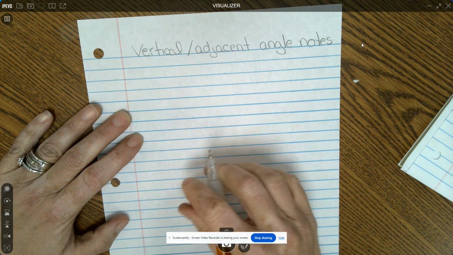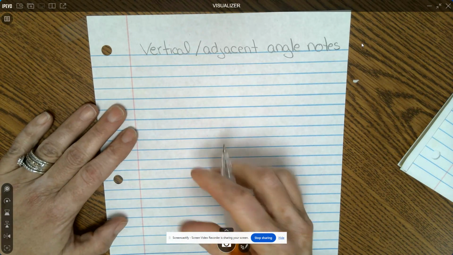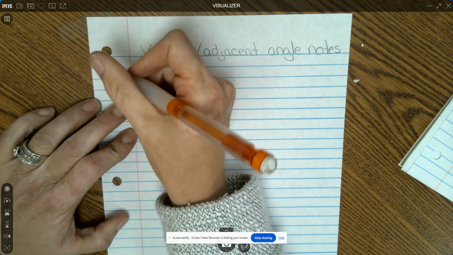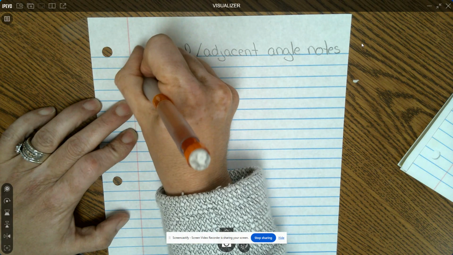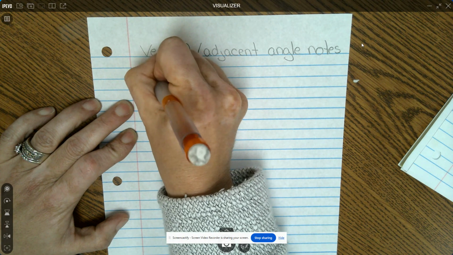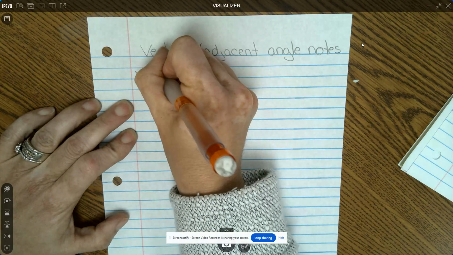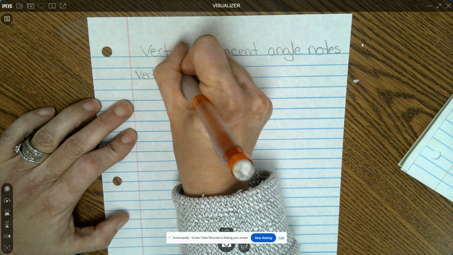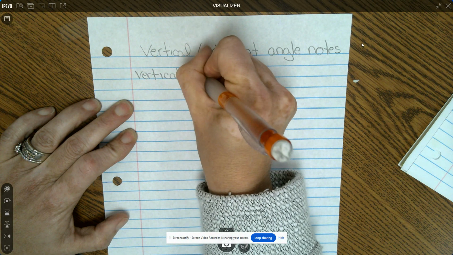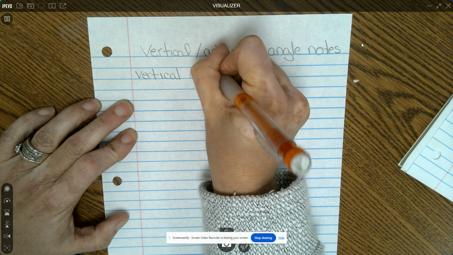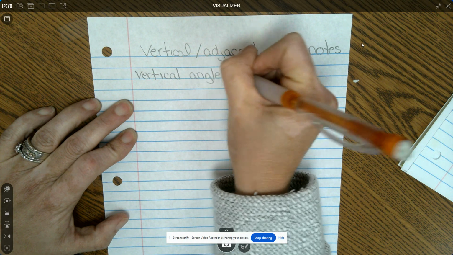All right, so let's start off with the easiest ones. And the easiest ones are vertical. So we got vertical angles. And who can tell me what vertical angles are?